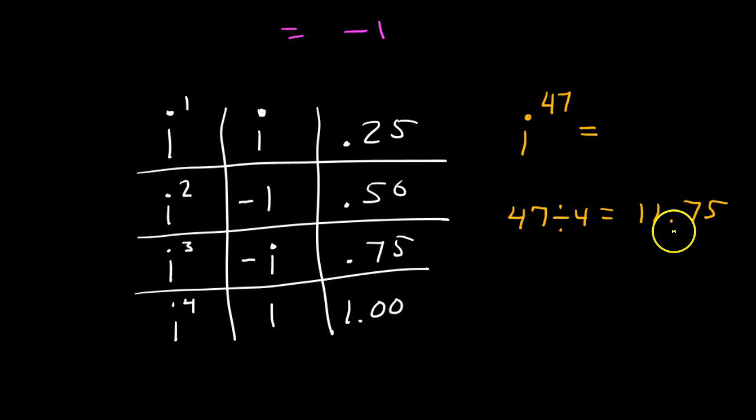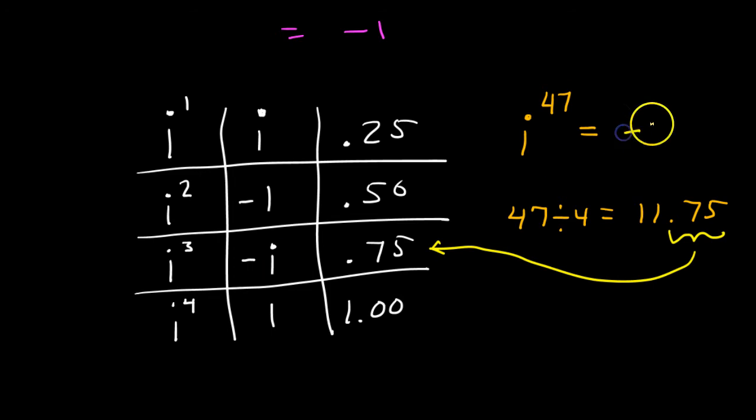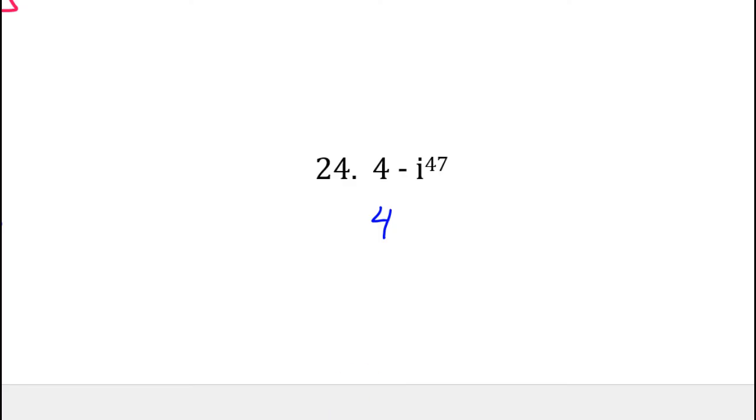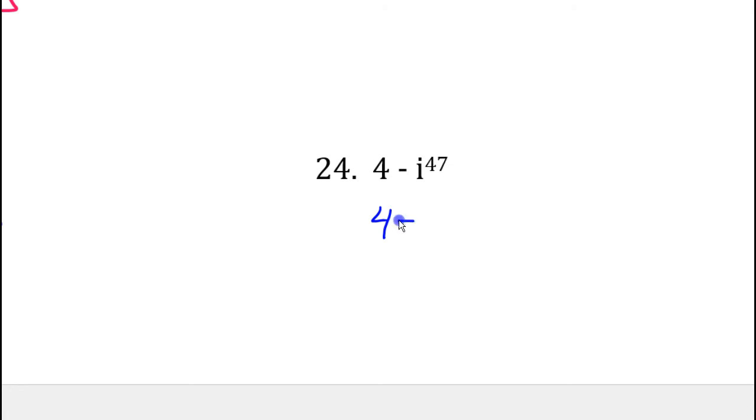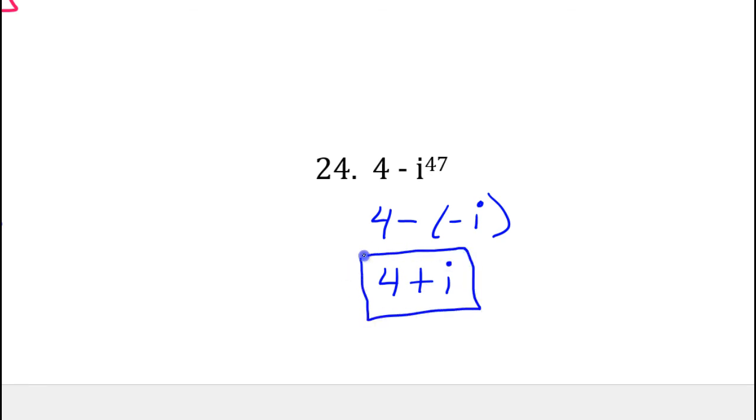The 0.75 part tells me that we are in the third row. That means the answer is negative i. So I have 4 minus negative i. And again, minus a negative is addition. So this is really 4 plus i. This would be the standard form answer, 4 plus i.